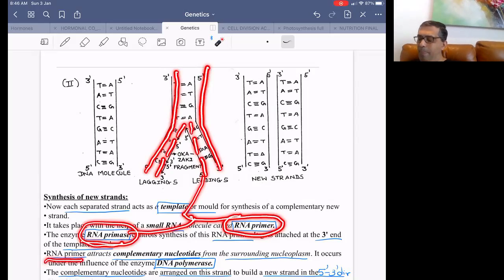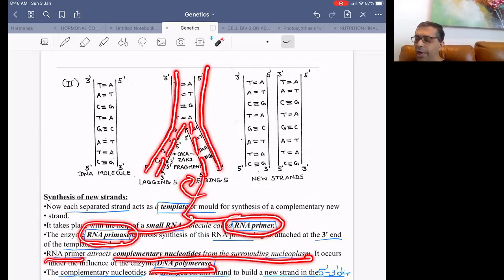The RNA primer molecule attracts complementary nucleotides from the nucleoplasm, and that takes place with the help of DNA polymerase enzyme. DNA polymerase enzyme brings in new nucleotides.